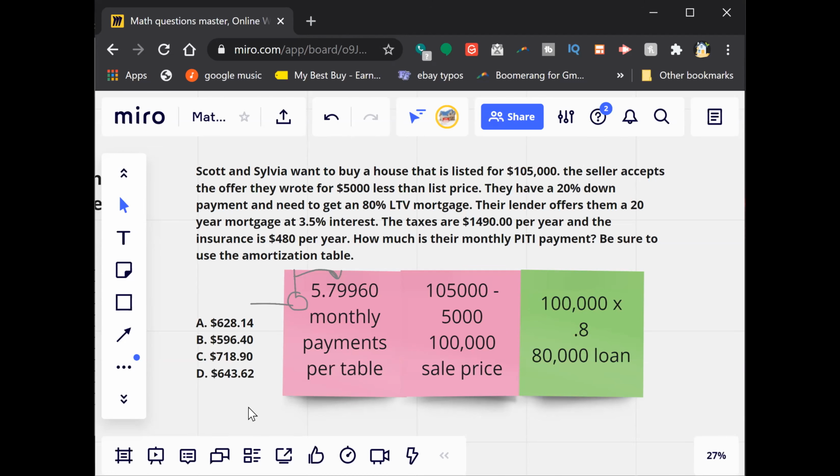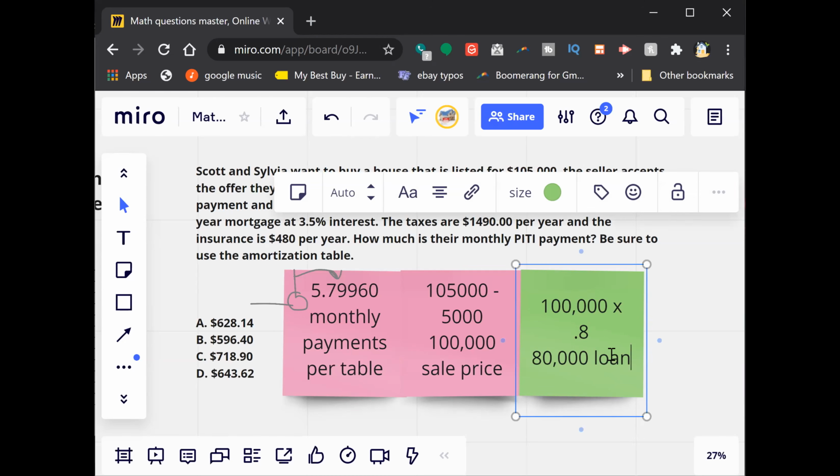If it was an $80,000 loan, I would multiply the monthly payments by 80, because that payment right there is per 1,000. So we don't have 80,000 thousands. We have 80 thousands. So we would multiply it by 80. And it would be 5.79960. Okay.